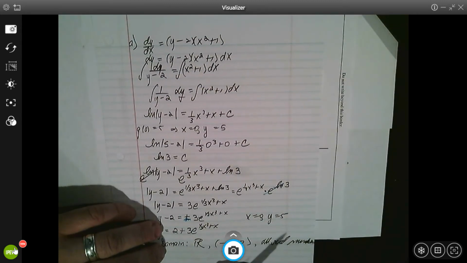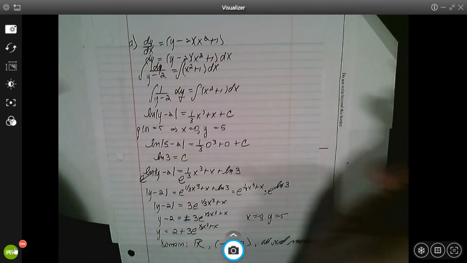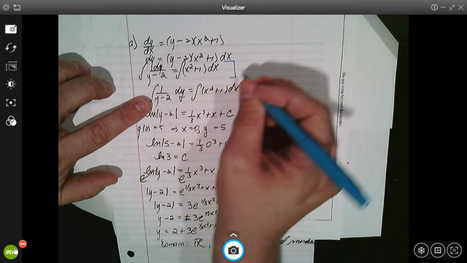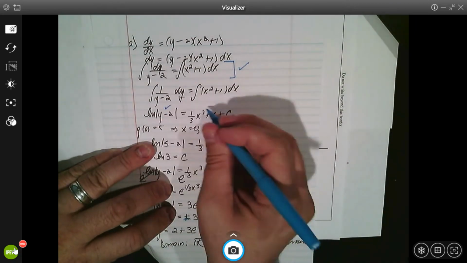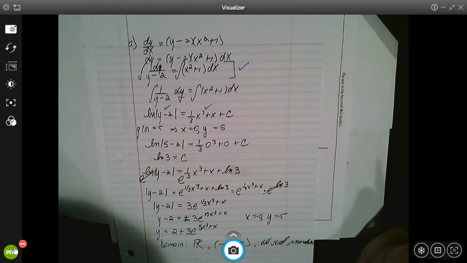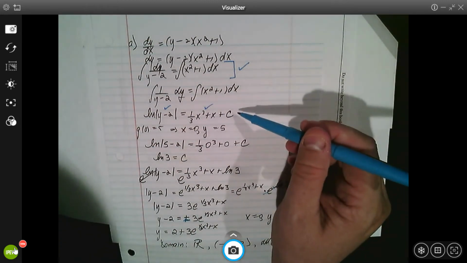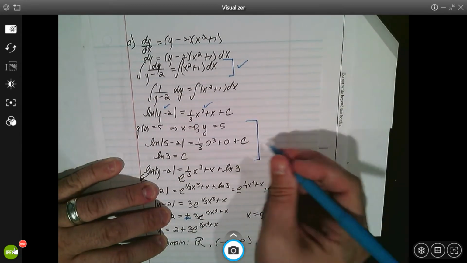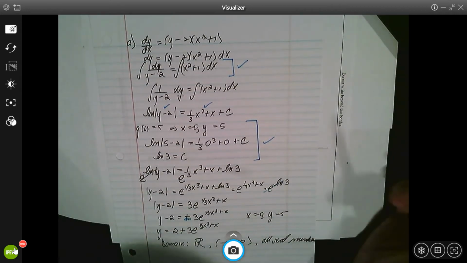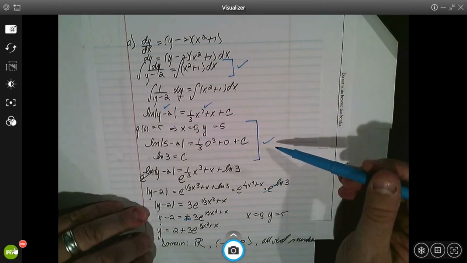Okay, let's look at the points. Here's how the College Board awards points for a problem like this. When you successfully separate the variables, 1 point. They then awarded 1 point for each of your antiderivatives. Sometimes they award a point for the constant of integration. They're not doing that here, but when you use the initial condition and find the value of c, they award the next point.